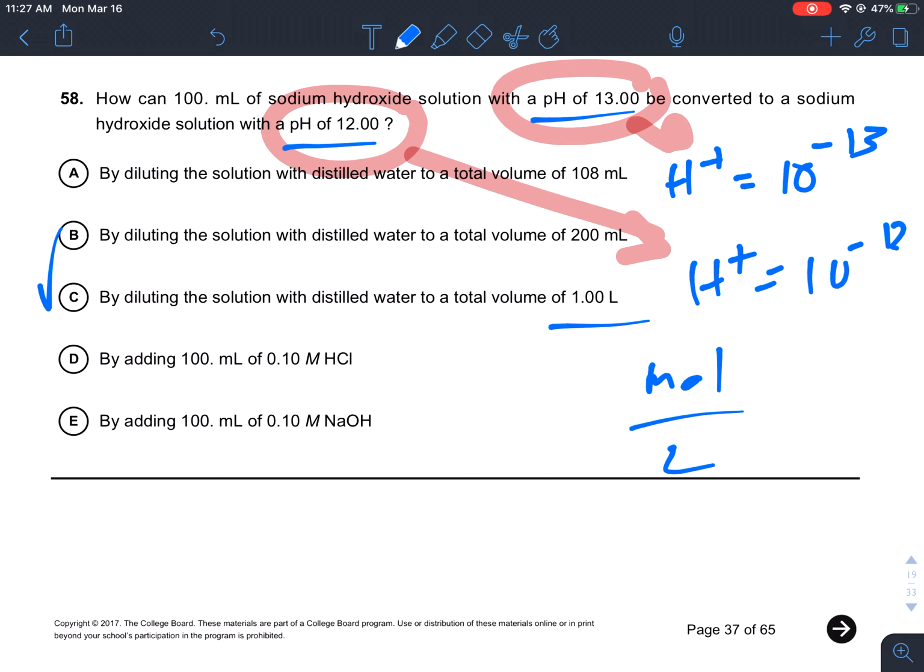You would have changed the volume from 100 milliliters to 1,000 milliliters, by a factor of 10. So how would you get 13 to become 12? You would divide it by a larger number. 59.